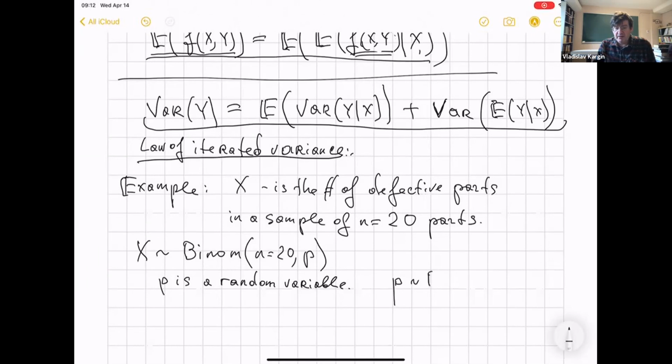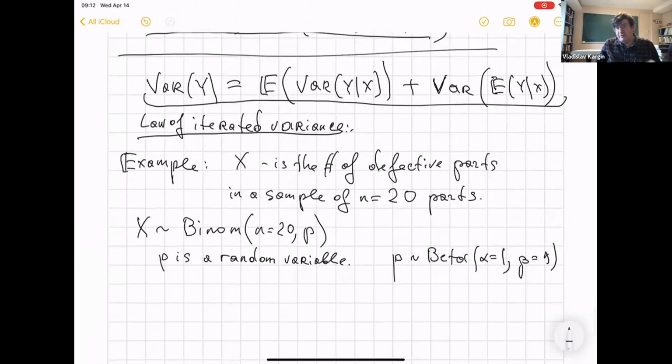We use a beta with parameter alpha equal to 1 and parameter beta equal to 9. So this is a valid distribution between 0 and 1. And then we ask what is the expected value of X, and what is the variance of X.